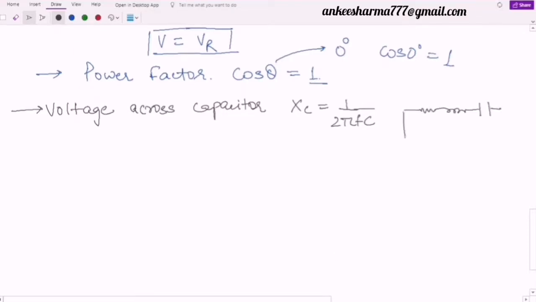Three things are there. So this is the voltage across this capacitor VC, the current is I, and the voltage is V, across R, L, and C. Now I'm talking only about this voltage here, so this concept should be clear to you कि हम किसके बारे में बात कर रहे हैं यहाँ पे, सिर्फ voltage के बारे में.